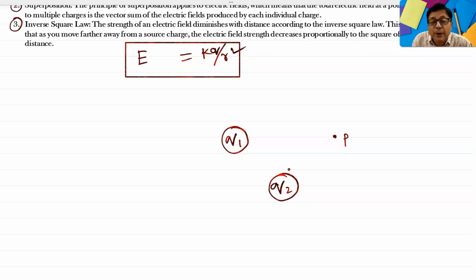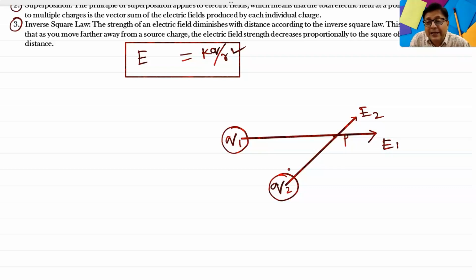The electric field at this point is the vector sum of the field created by the charge Q2 and the field created by the charge Q1. So if Q2 creates a field E2 and Q1 creates a field E1, then the electric field is the resultant of E1 and E2. This is ER.